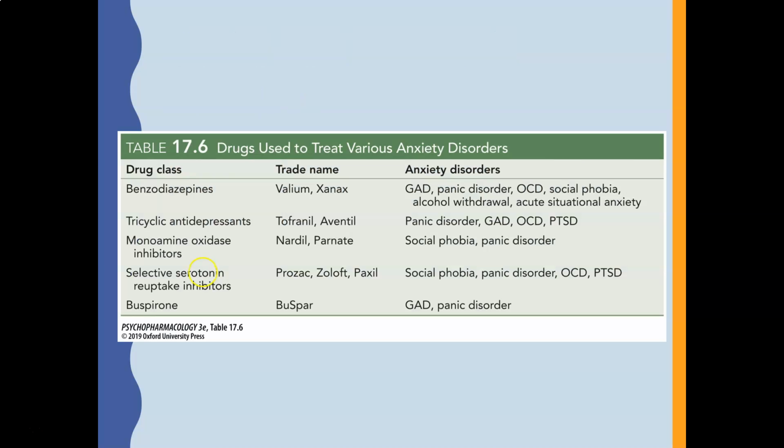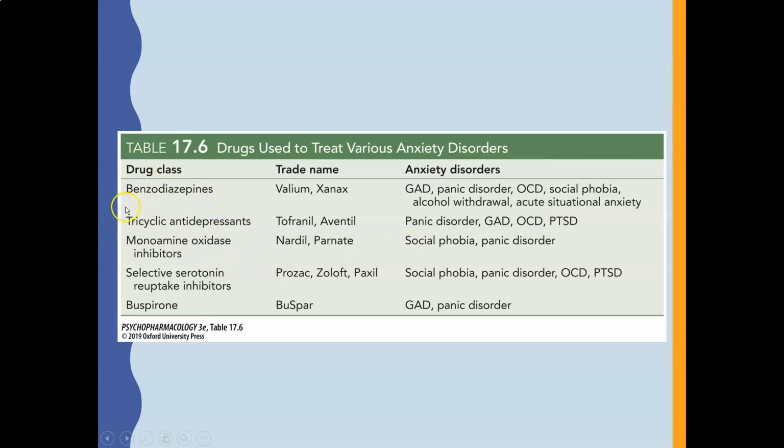So here are some of the different drugs that are used to treat various anxiety disorders. Benzodiazepines can be used for all anxiety disorders. Tricyclics tend to be used for panic disorder, generalized anxiety, OCD, and PTSD. MAOIs for social phobia or panic disorder.